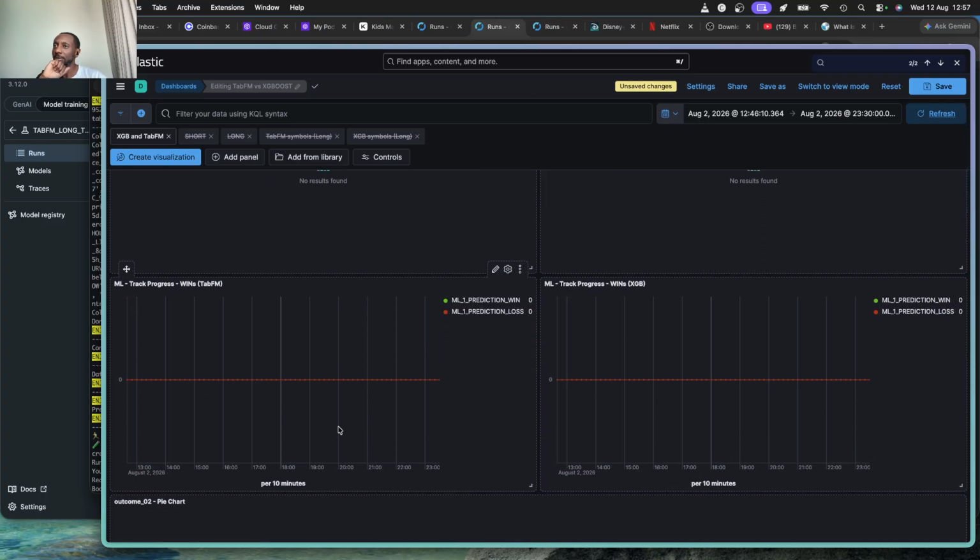And then we have track progress. This will flag whenever we made a wrong prediction. Whenever we make a wrong prediction, it will flag here, so we'll be able to see it in a time series format as well.